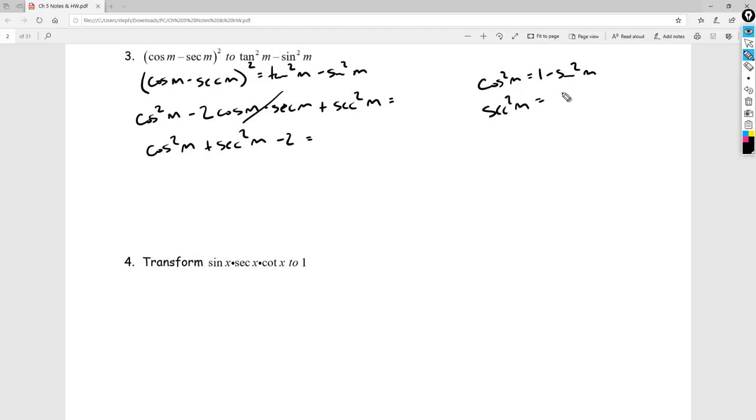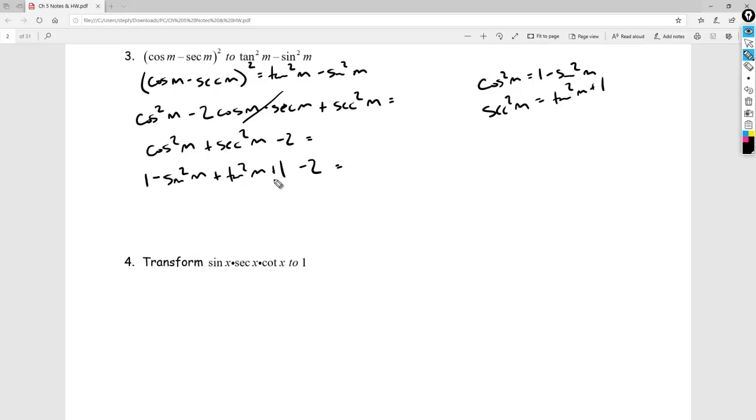Hey, my secant squared of m is tangent squared of m plus 1. Okay, and that's, again, just straight from the Pythagorean identity. So if I substitute both of these quantities in, I end up with 1 minus sine squared of m plus tangent squared of m plus 1 minus 2 is equal to, hopefully, this.